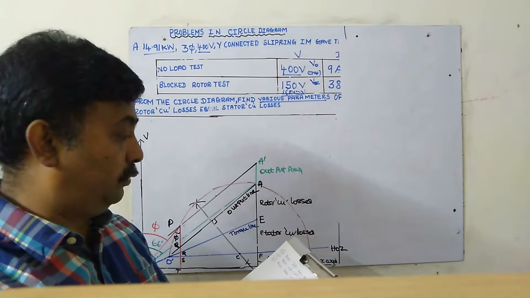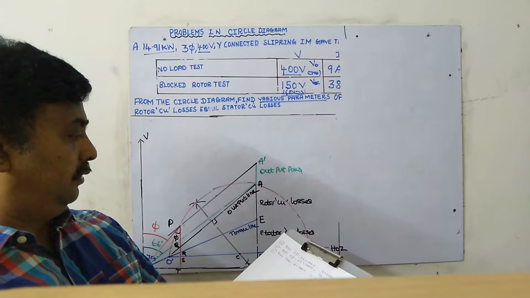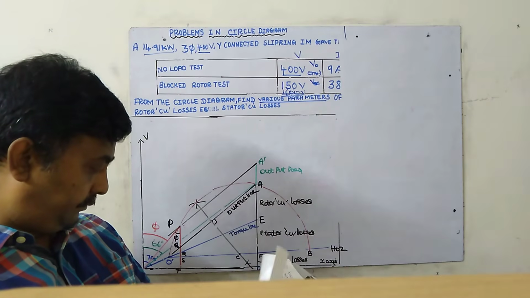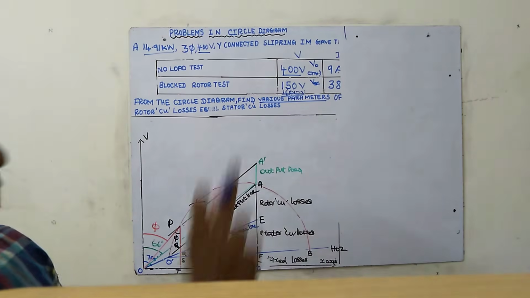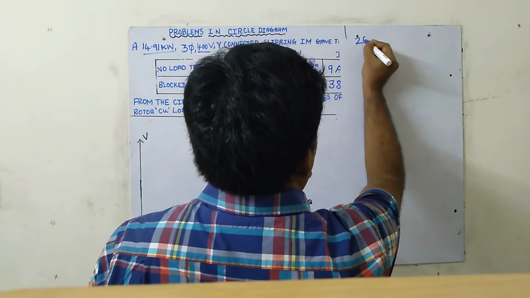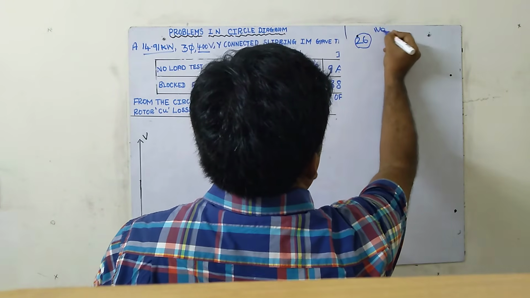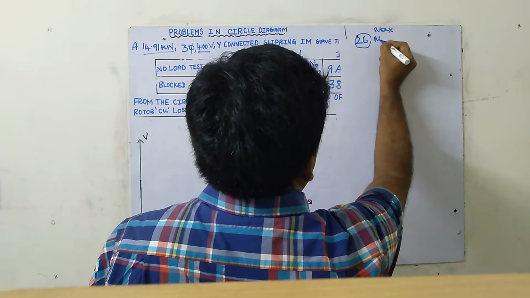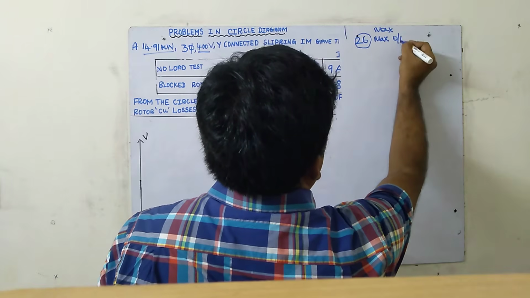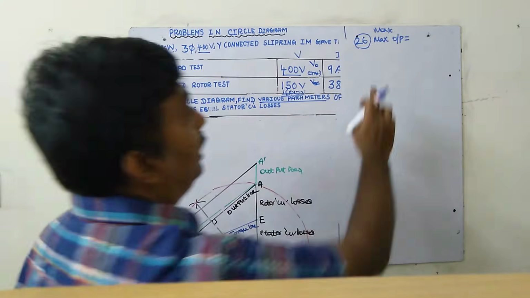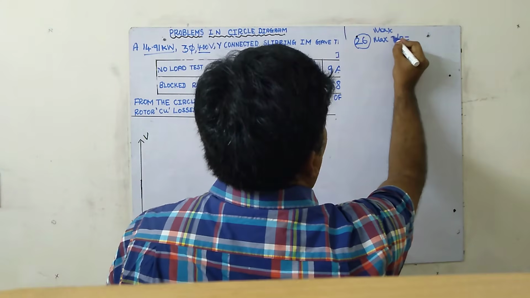This I think is point 26, maximum quantities. I will explain maximum output and maximum input. How to find maximum input.